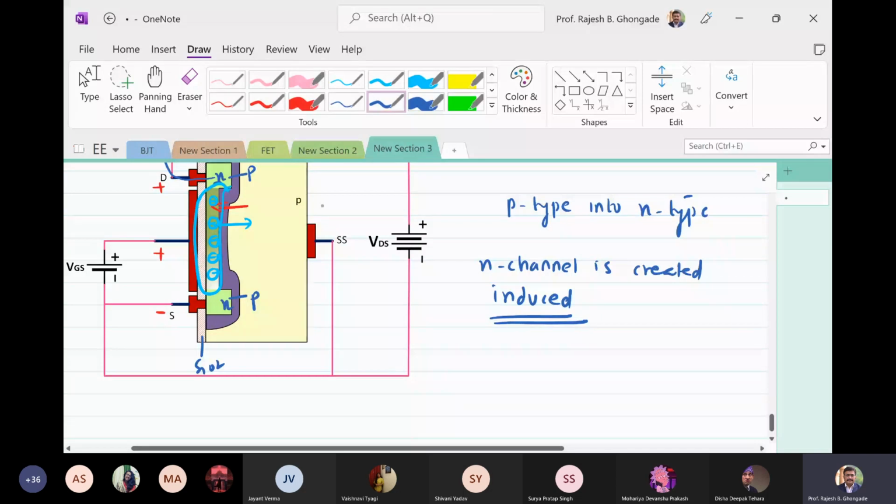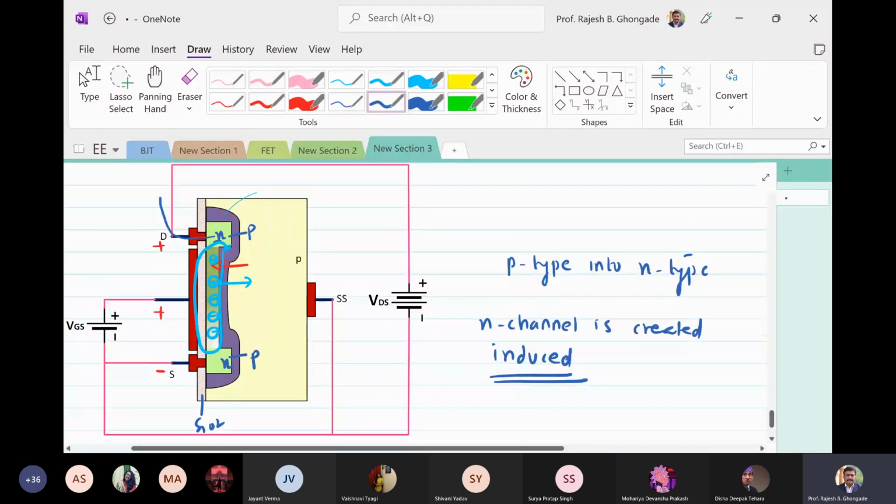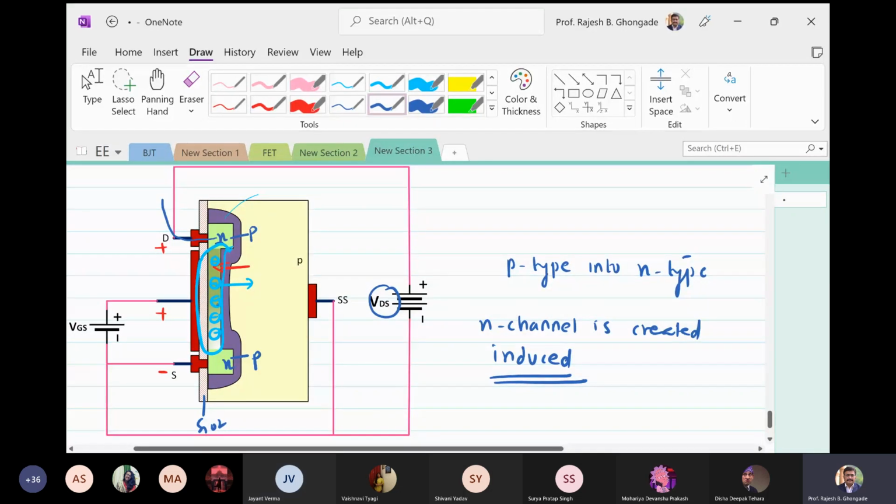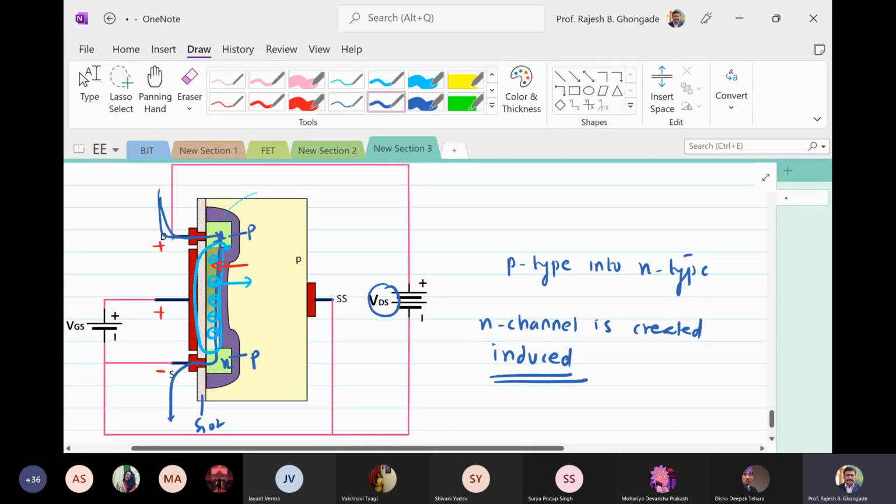Now if I apply VDS, is the drain current possible? Yes, the drain current will happily start flowing like this. Why? Because electrons are available here. This is positive, this is negative.